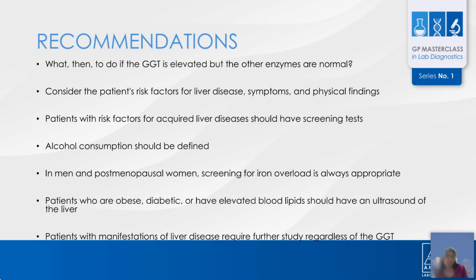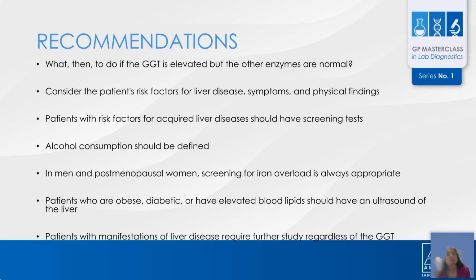So what are the recommendations? What do you do if your GGT is elevated but your other enzymes are normal? That is your AST, your ALT, your ALP, bilirubin, albumin, everything looks normal. Well, in deciding whether to evaluate the liver further, number 1, consider the patient's risk factors for liver disease.